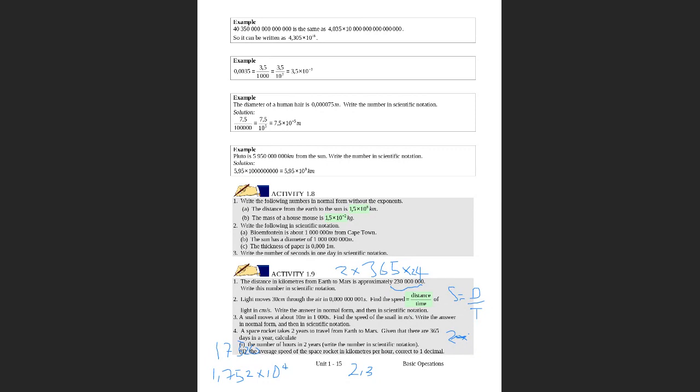Please, any questions again? Yes, your hand is up again. By average, do we divide our final answer by 2? Do we divide our final answer by 2 since they asked for the average speed? No. Average can be divided by any number, but here the average speed is simply the speed you have found.